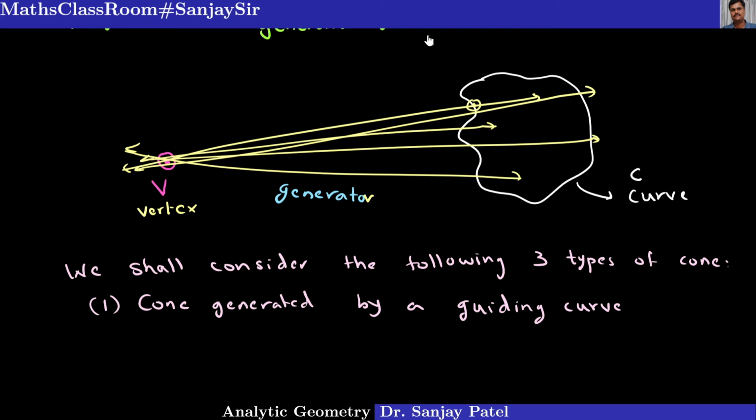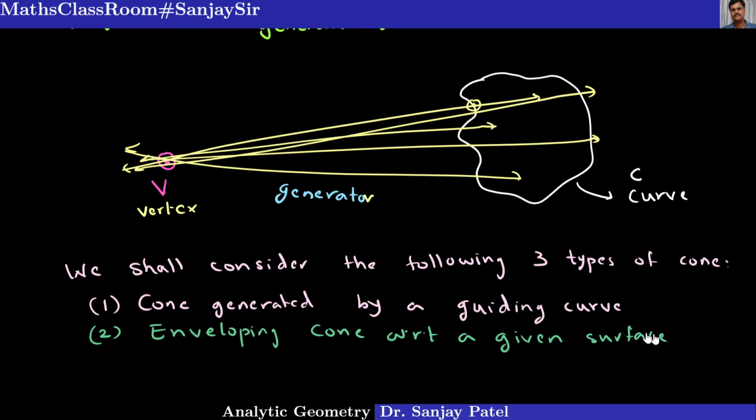And the second type is the enveloping cone with respect to a given surface. And the third type of cone is very important, and it is known as the right circular cone.